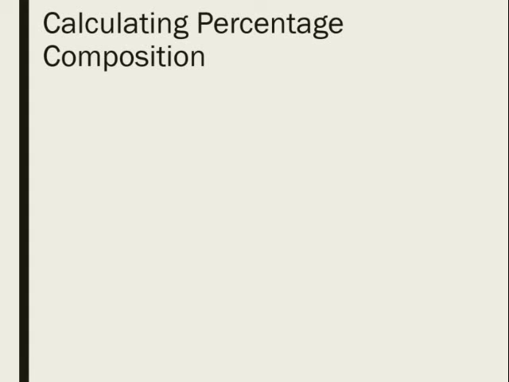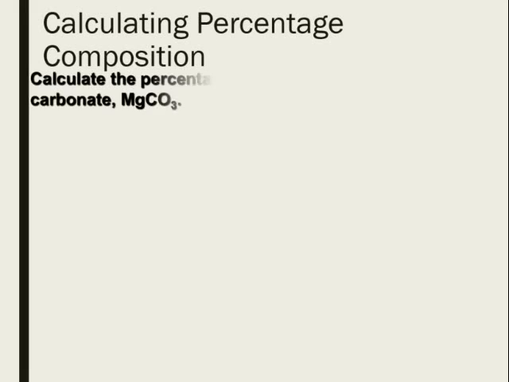There's one more thing we're going to cover in this section, and that is percent composition. So I might give you that magnesium carbonate like we looked at earlier, and I might want to know what percentage of the total compound is due to magnesium or due to carbon or due to oxygen. I want you to break it down into what it's made of.